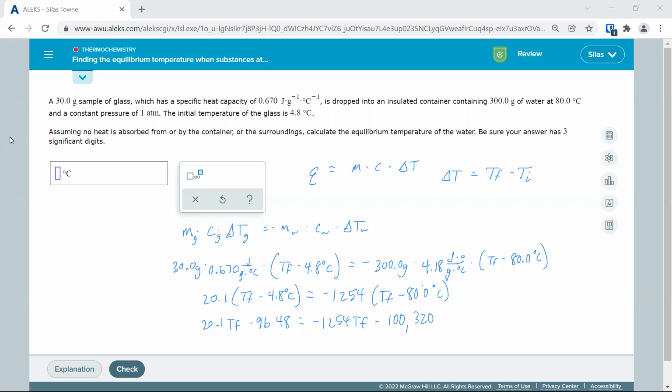So now I'm going to get the two T finals on the same side. So I'm going to add 1254 T final to both sides, and I get 1274.1 T final equals, and then I'm going to add the 96.48 to both sides.